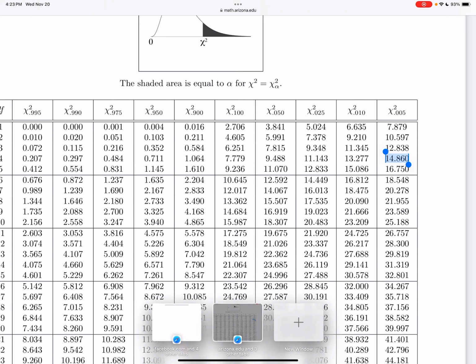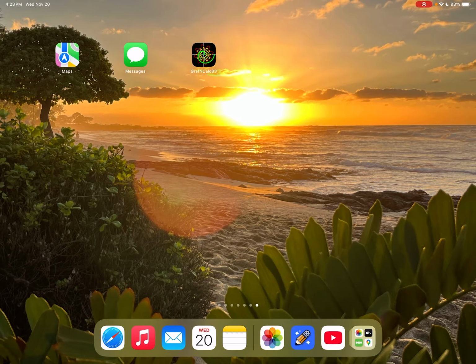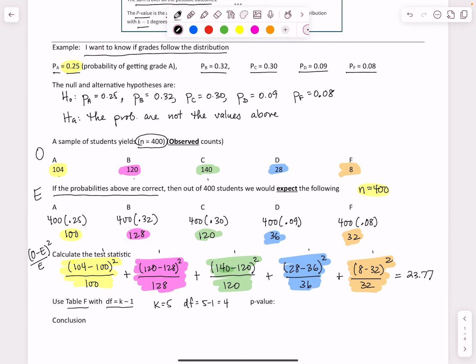So my p-values up above, these are my p-values. So my p-value is 0.0005. This value is way off the table. So for this one here, because my p-value is so small, we're going to reject the null.